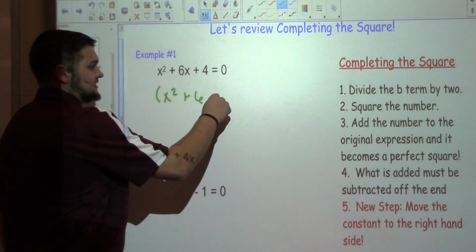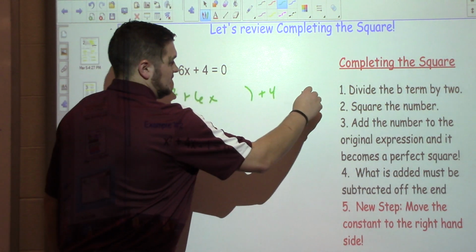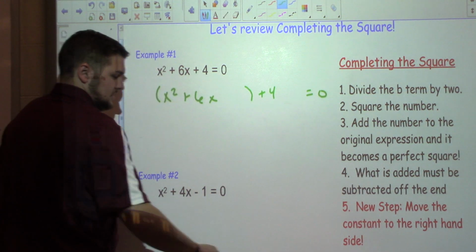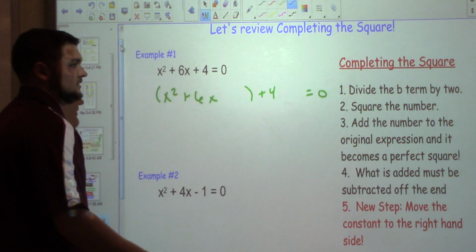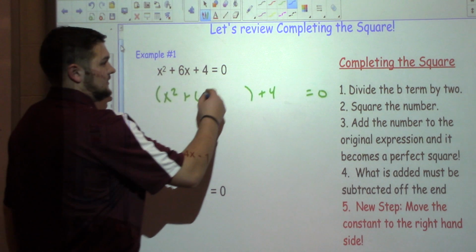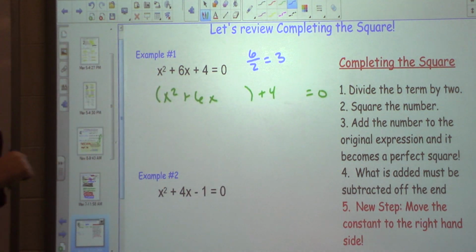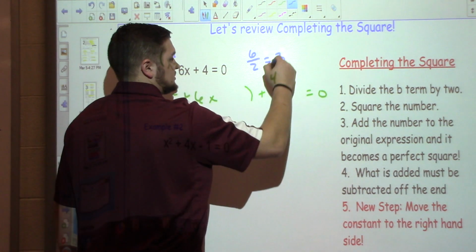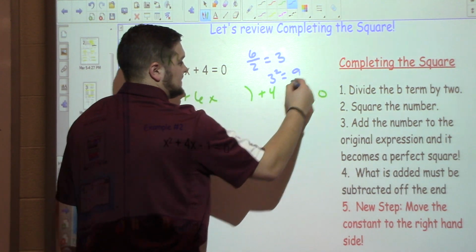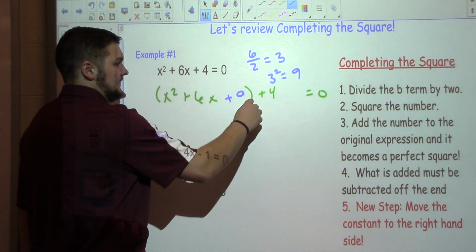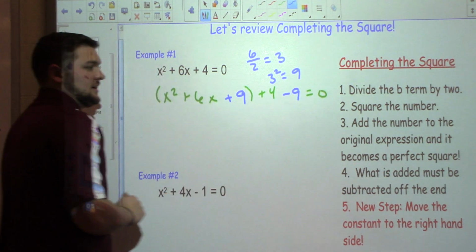X squared plus 6x plus 4 equals 0. And then, Patrick, what did you say I do? Divide your b term by 2. 6 divided by 2 is 3. Then, what do I do? Square that number. 3 squared equals 9. Add it on the inside, subtract it on the outside.